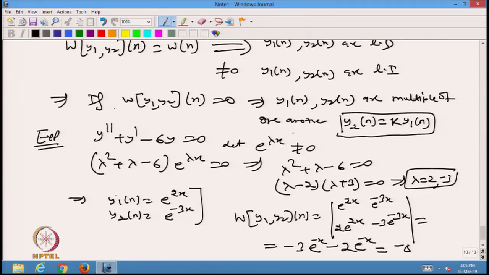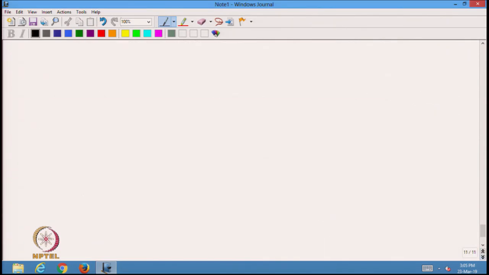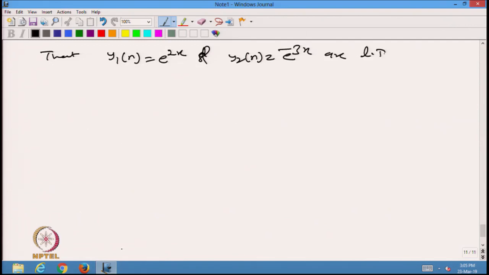So, it will be minus 5 e raised to power minus x, which is never equal to 0. In that case I will say that y1(x) equal to e to the 2x and y2(x) equal to e to the minus 3x are linearly independent.